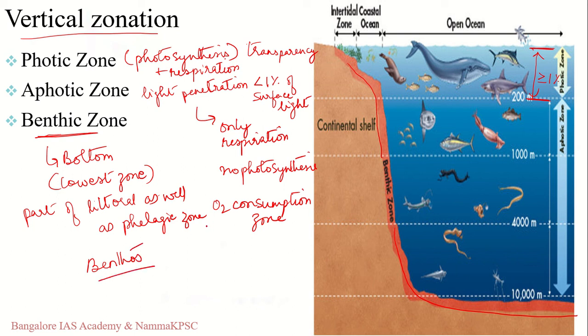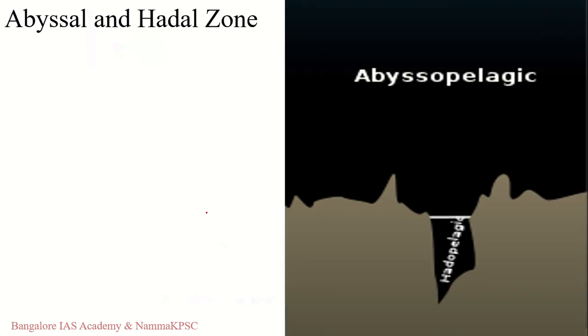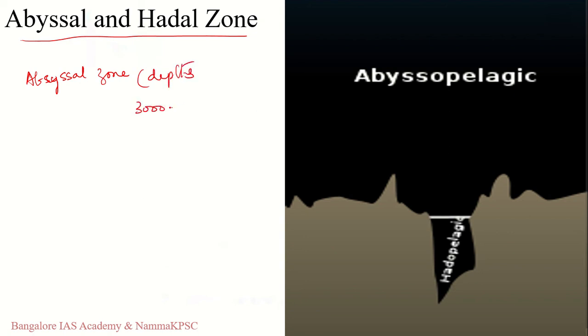Further moving on ahead with vertical zonation, we have two more, the abyssal zone and the hadal zone. The abyssal zone, or the abyss, is more or less a part of the aphotic zone, found at depths of 3,000 to 6,000 meters, and this zone remains in perpetual darkness at low temperatures around 2 to 3 degrees Celsius.